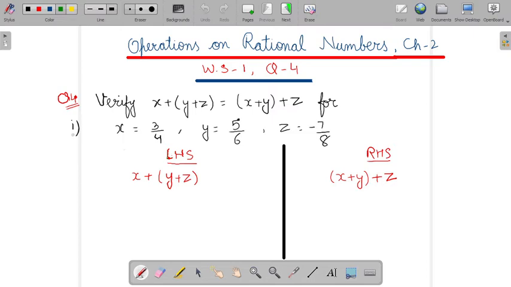Before we take the first part, we will see this thing: x plus (y plus z) equals (x plus y) plus z. This property of addition of rational numbers is called the associative law of addition.